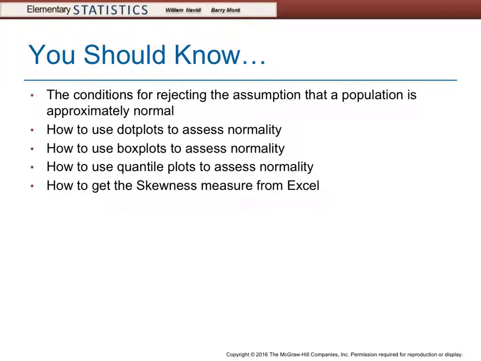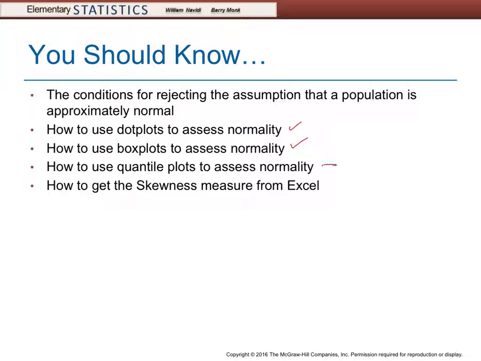So in this section, you should know the conditions for rejecting the assumption that the population is approximately normal. You need to know how to use dot plots, which we'll use periodically, especially for small data sets. For the rest of the data sets, we will be using box plots to assess normality.